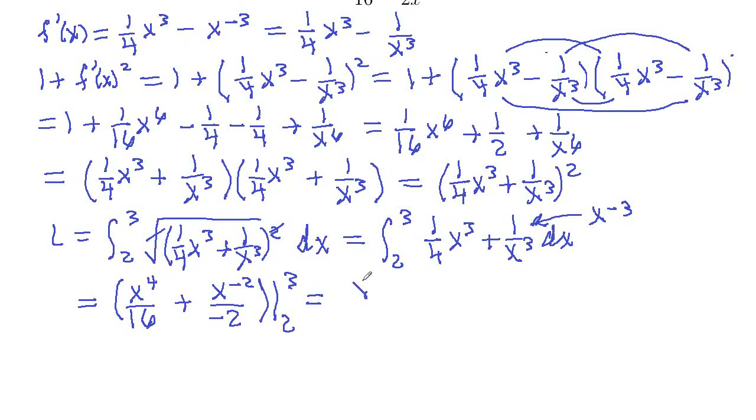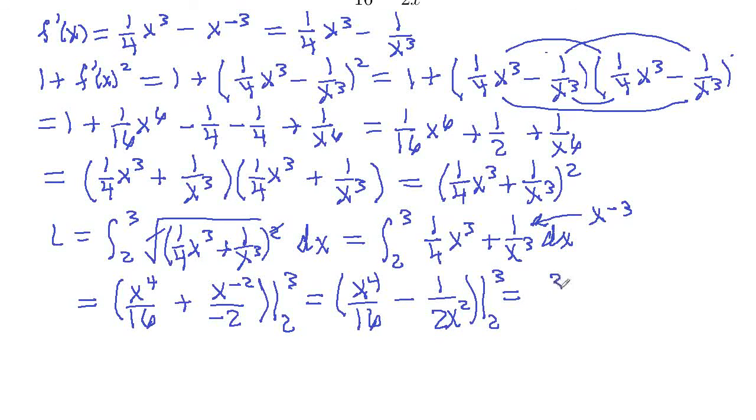Well, this is x to the 4th over 16. And then we can bring that minus sign out in front and bring our x to the negative 2 down to the bottom as a positive 2. So 1 over 2x squared. And we're evaluating that from 2 to 3. So plug in 3 both places.